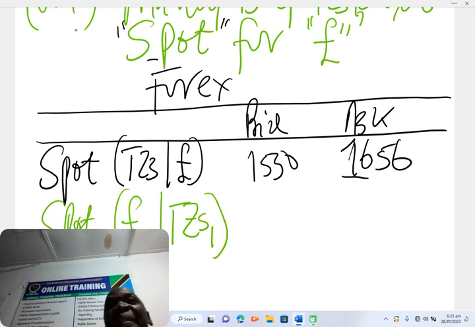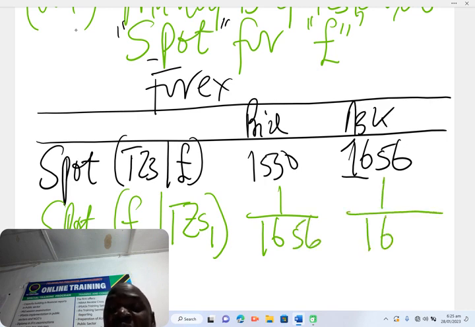This is a place where now Tanzanian shillings is the trading currency. So this is 1 over 1656, 1 over 1550. Do you remember this way?